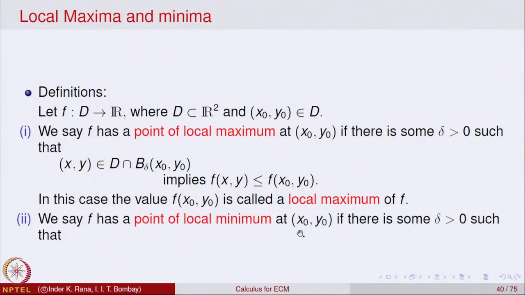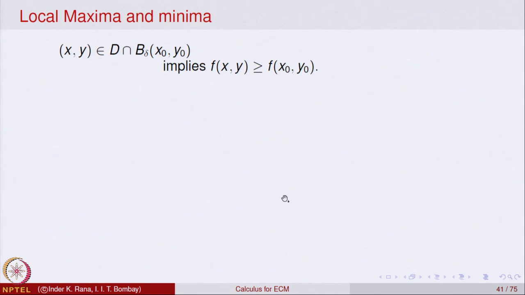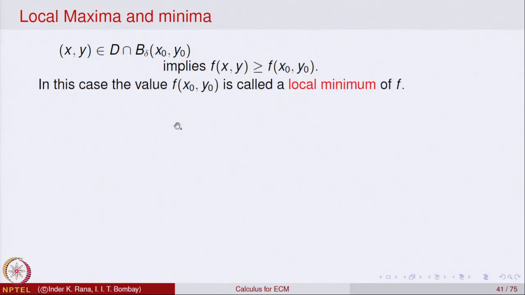One can define similarly the point of local minimum at (x0, y0) to be that point such that there is a neighborhood, delta bigger than 0, with the property that the value at the point (x0, y0) is smallest for all points in that open ball around the point (x0, y0). Then you say it is the local minimum, and the value of the function at that point is called the local minimum. That point is called the point of local minimum.